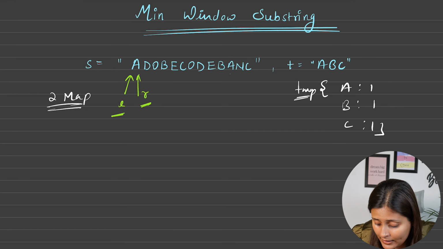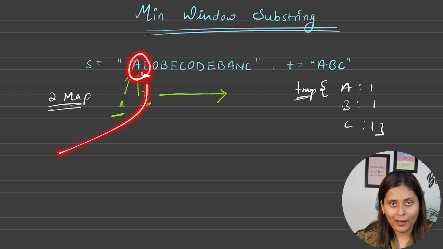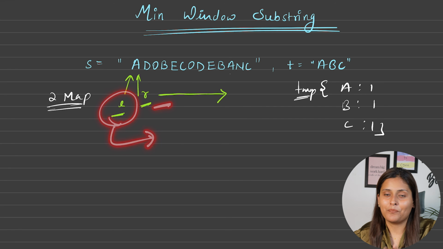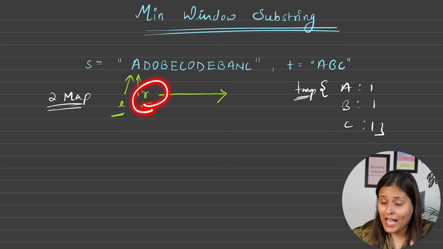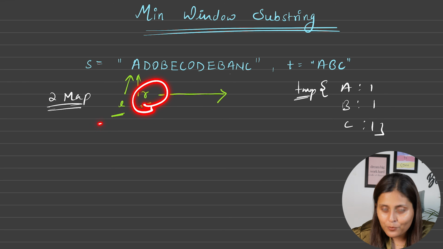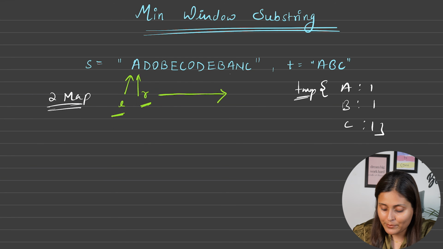In expansion, right will keep on moving forward, and whatever character it encounters, it will add in the map. Whatever the right pointer has done, the left pointer will undo that. Means if the right pointer has increased the frequency and added the character, the left pointer will decrease the frequency and remove the character. So it's very simple.